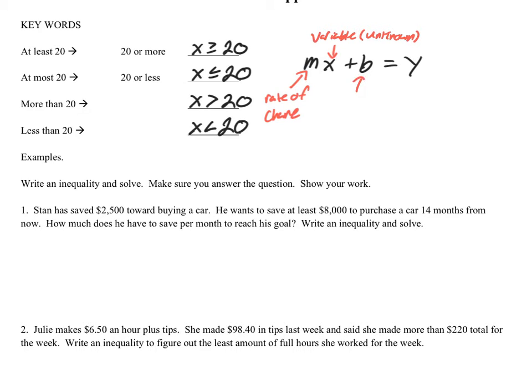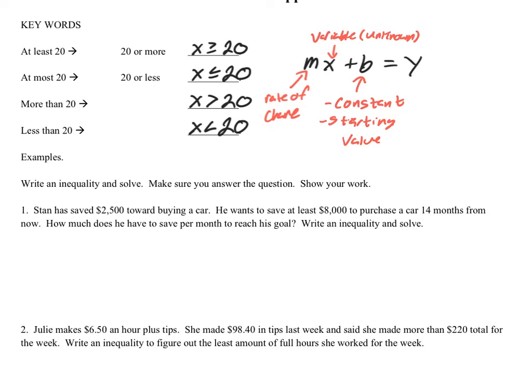And then last we have this b. This is our constant value, or we often think of it as a starting value. It's our y-intercept. It's where we start. A lot of times we'll see this with an electrician or a plumber. They're going to charge you a flat rate fee to show up at your house.